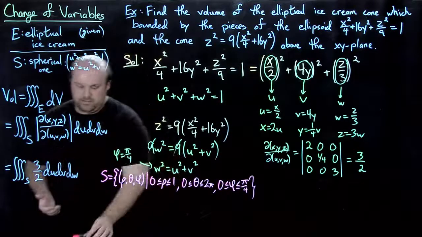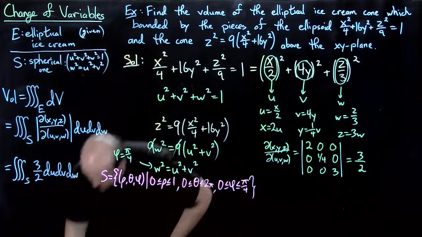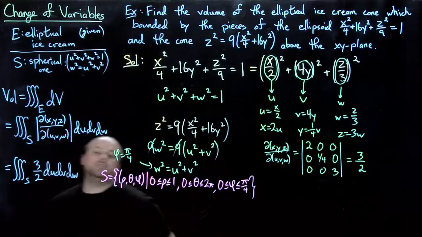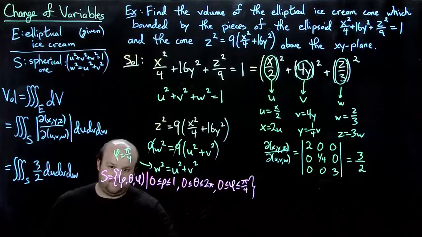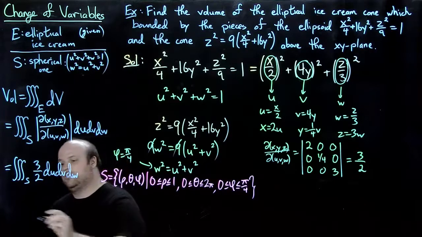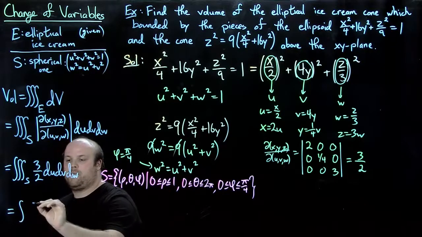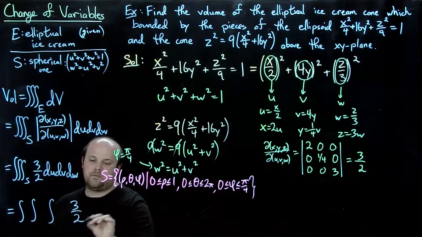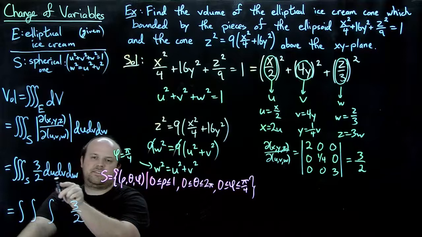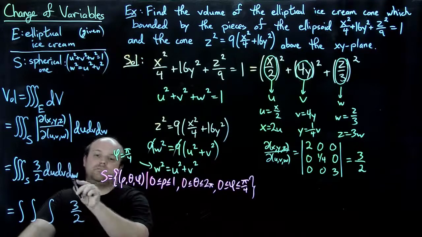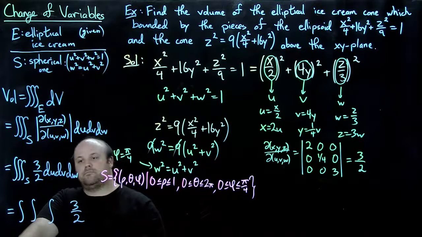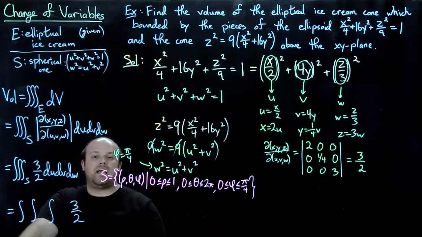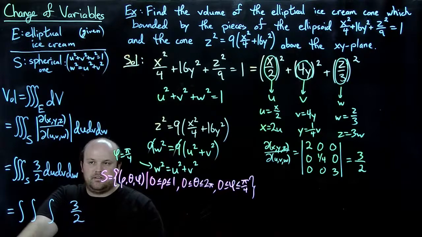Okay? So now we have to change to spherical. Right? So we keep our 3/2. Now this guy here is the old dV, right? Because remember, u, v, and w are acting like x, y, and z would.